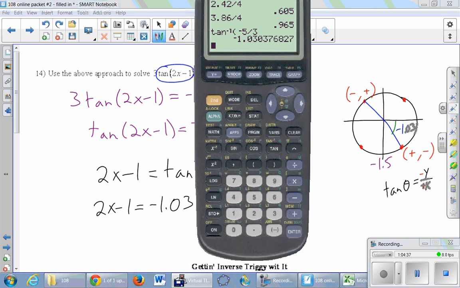Negative 1.03 is that angle. I guess I'm interested in knowing this angle. Okay, so how do we find that angle? Well, if negative 1.03 is that green one, then it must be this green one as well. 1.03 is there. So that means that the black angle, which is the one that I actually want, must be pi subtract 1.03.